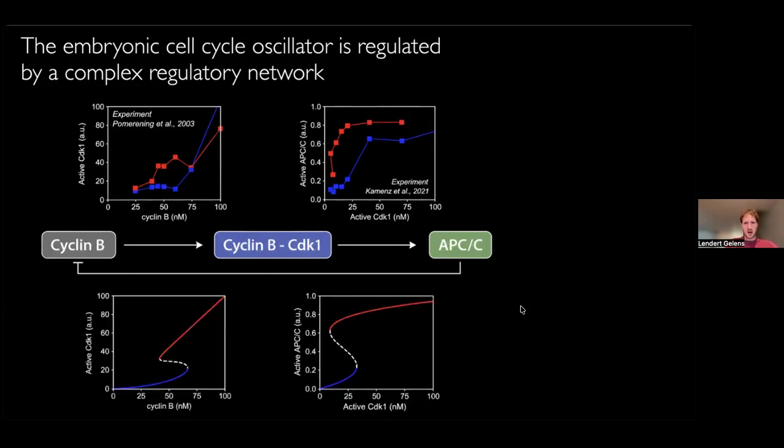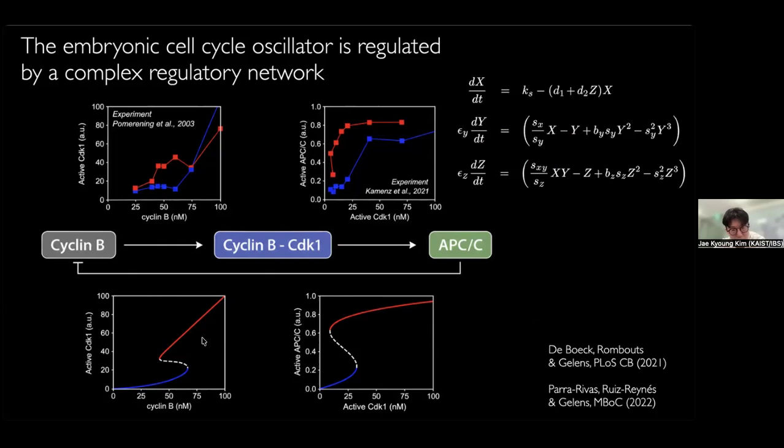And we do so by capturing this essential nonlinearity of both of these switches with a simple cubic function, which has the same shape of the response curve, but far fewer parameters. And the result is a quite minimal three-component model, three coupled ordinary differential equations that is built directly from experimentally measured response curves that reproduce the oscillations. It tells you not just that the system oscillates, but also how these underlying switches can make the oscillations more robust.